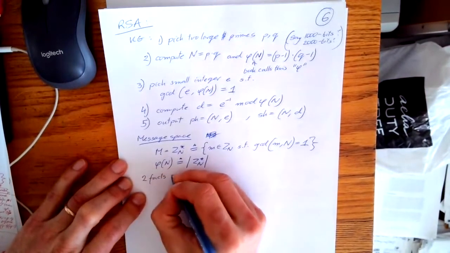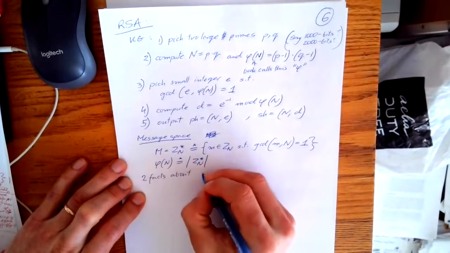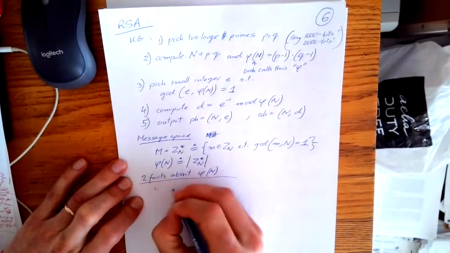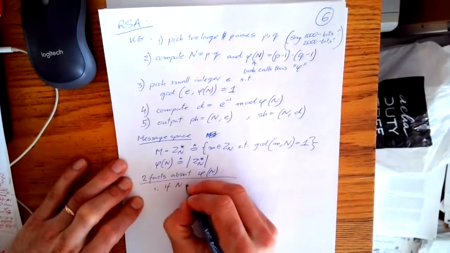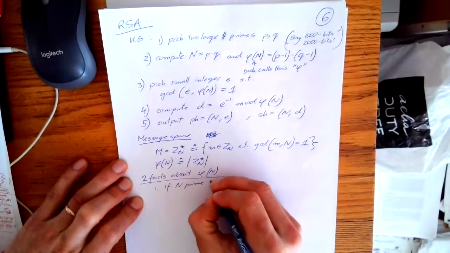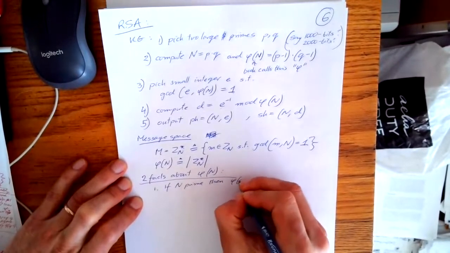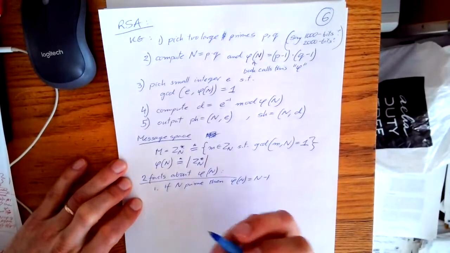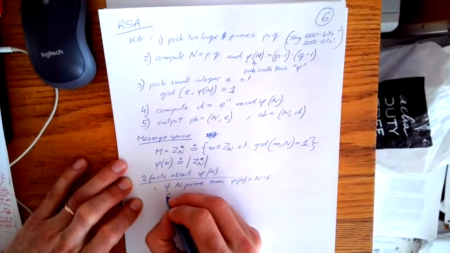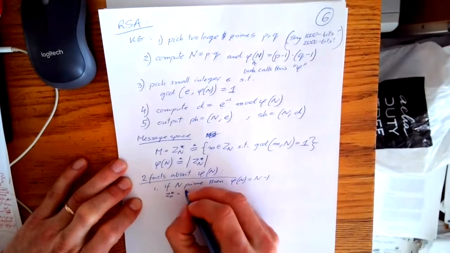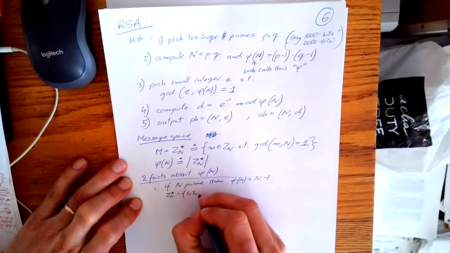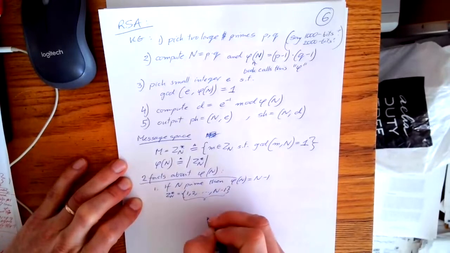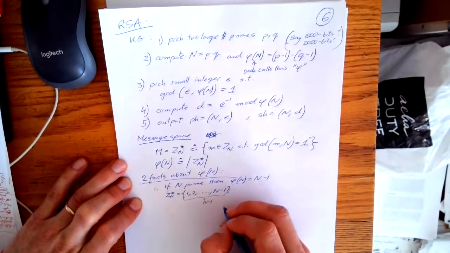It just happens to be that if n is a product of two primes... Two facts about phi of n. First of all, if n is prime, then phi of n is simply n minus 1. That's kind of obvious because if n is prime, then Z_n star is all nonzero elements, and if you count them, that's n minus 1.